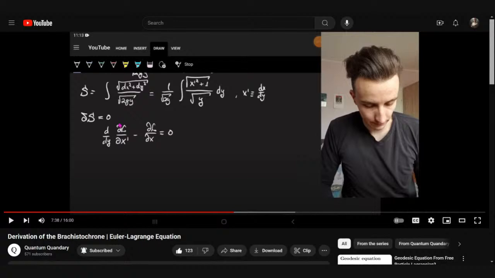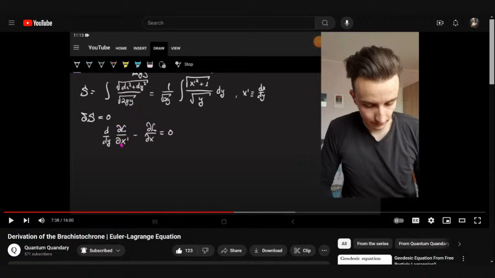And if we take this ratio and we take the derivative with reference to y, so the Lagrangian is not, well, this partial derivative is only with respect to x prime, not to y.